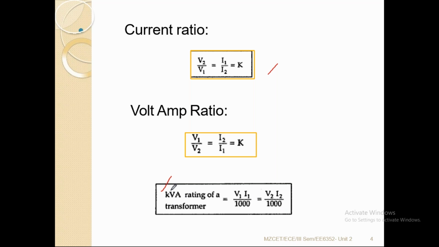Generally kVA is the power rating of a transformer. The power rating of a motor and generator we represent in terms of kilowatts. Why do we indicate the transformer power rating in terms of kVA? Why are we using this representation of the power equation for the kVA rating?